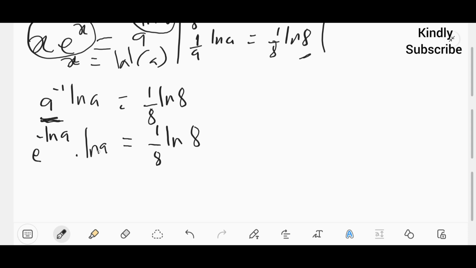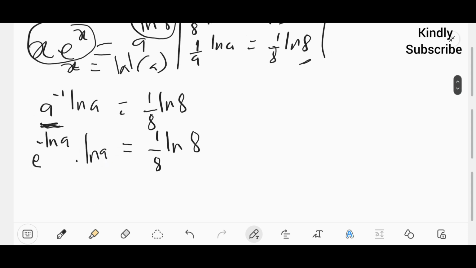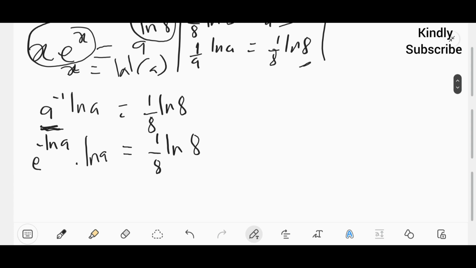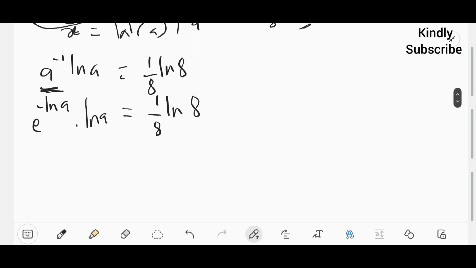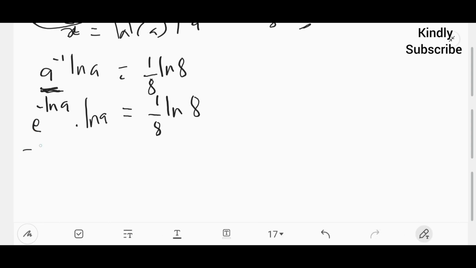So we have to find a way to make sure this side becomes negative ln of a, since they also have a negative ln of a over here. What we are going to do at this point is multiply both sides of the equation by negative 1.